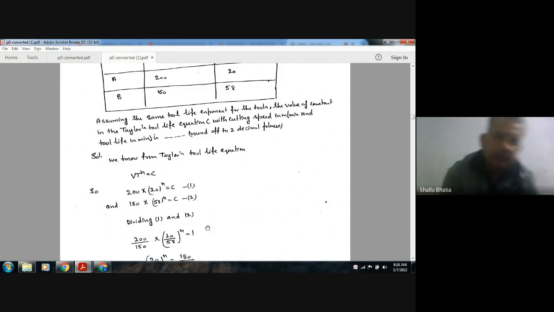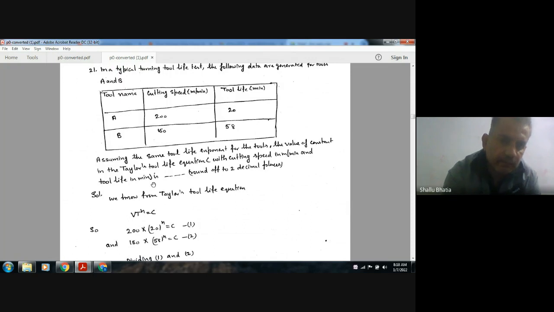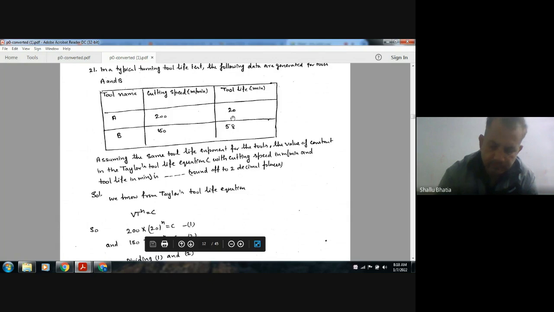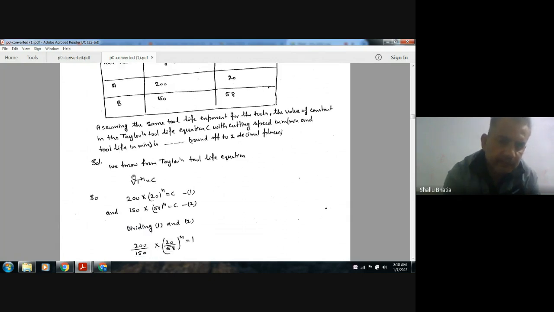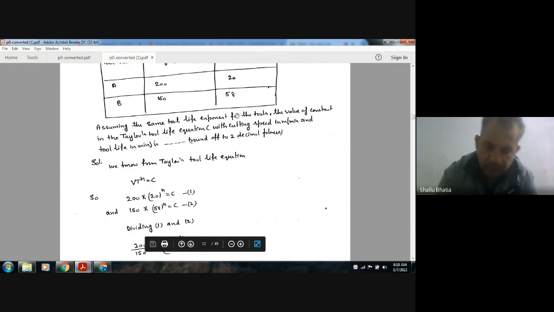Okay. So from Taylor's tool life equation we have V T to the power n is equal to C. In the first case, V is 200 and T is 20, and in the second we have V as 150 and T as 50.